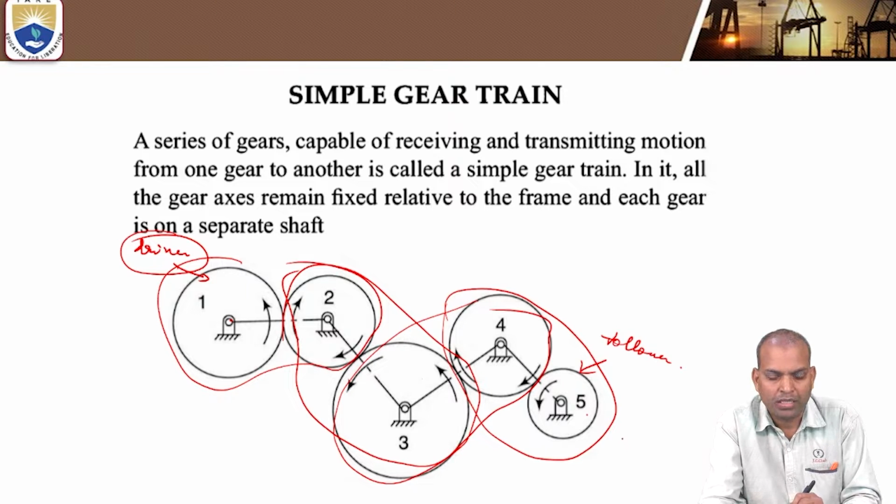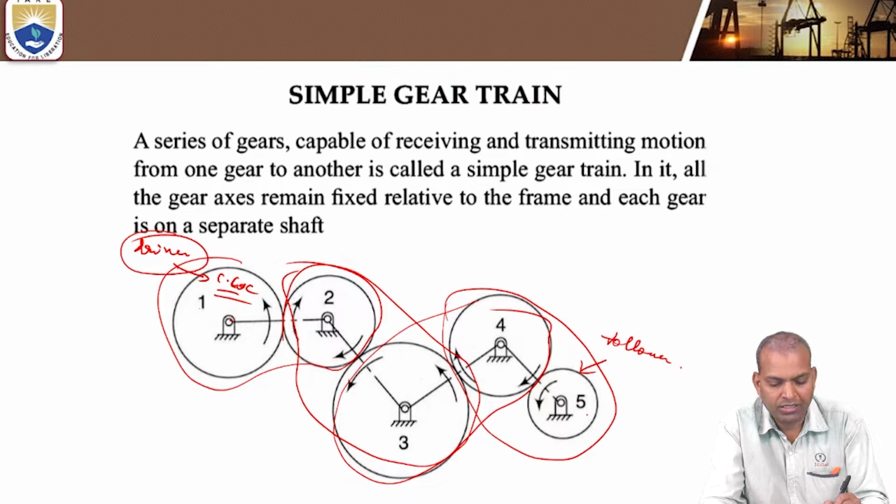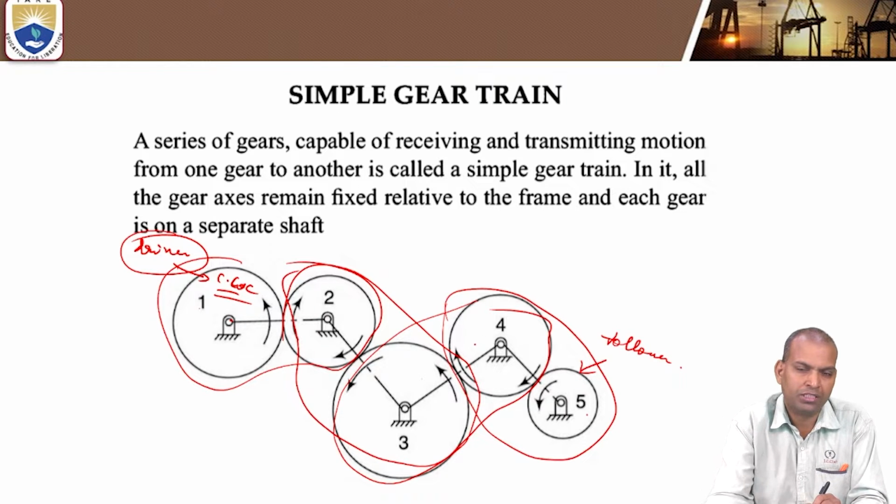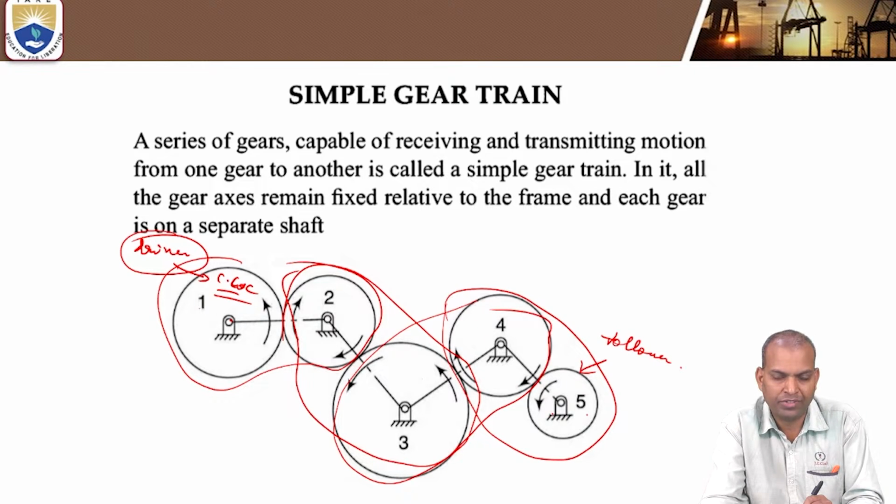In the 1 and 2 combination, gear 1 is rotating in the counterclockwise direction, whereas gear 2 is in the opposite direction, that is clockwise. Gear 3 is counterclockwise, gear 4 becomes clockwise, and finally gear 5 is counterclockwise.